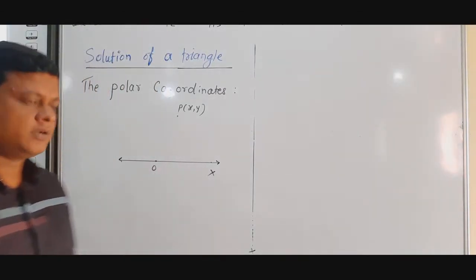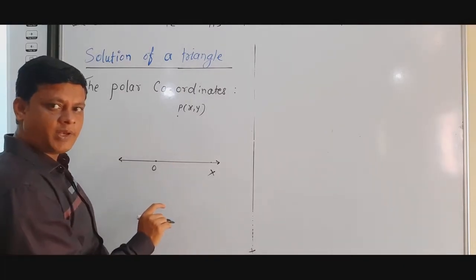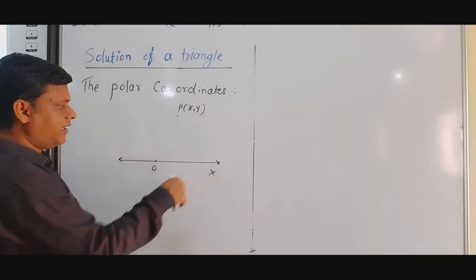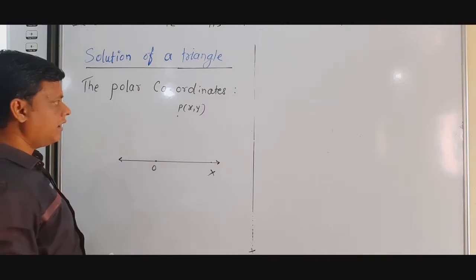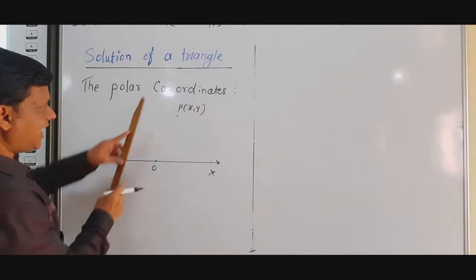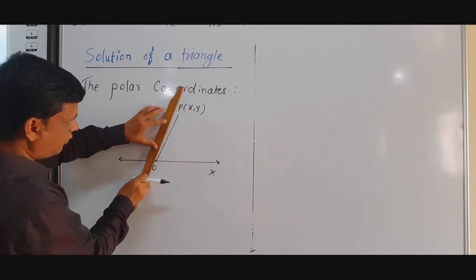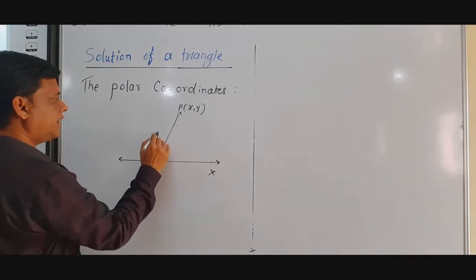So, for that, consider a line OX in the xy plane. O is a fixed point on this line OX. Take any point P in the xy plane such that the length of OP, or we also say its magnitude, length of OP is r.